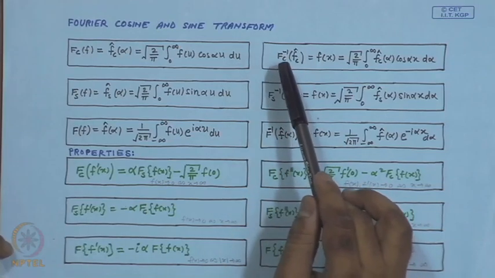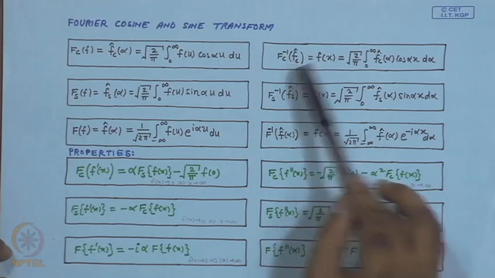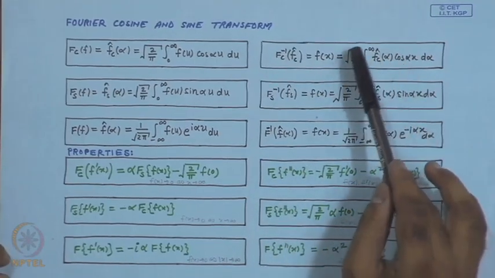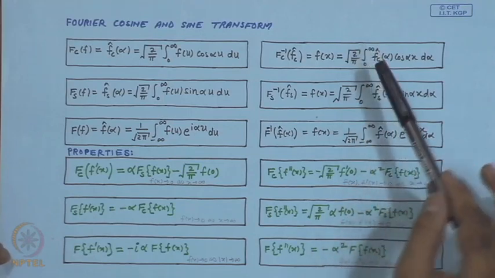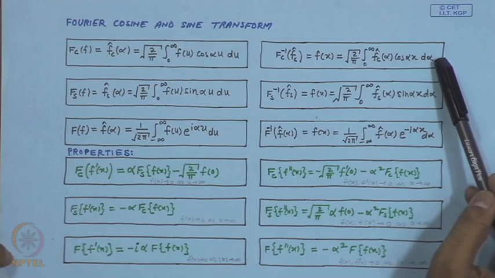So, the inverse Fourier cosine transform of this f_c hat will be just f(x), and this is given by square root of 2 over pi times the integral from 0 to infinity of f_c hat(alpha) cos(alpha x) d alpha.